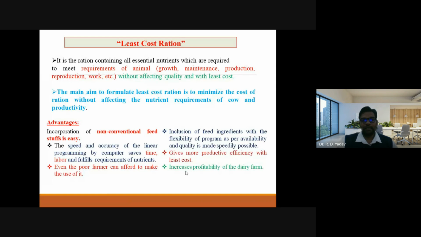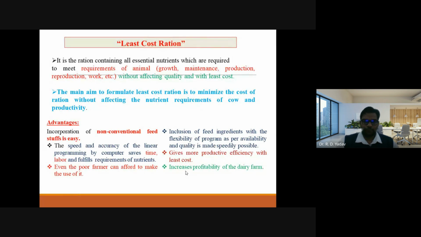What is the advantage of least cost ration? There are so many advantages. It incorporates non-conventional feed resources also. It will save time and labor and fulfill the requirement of animals, and even a poor farmer can afford it by using the least cost ration, and it increases profitability for dairy farmers and gives more productive efficiency with the least cost.